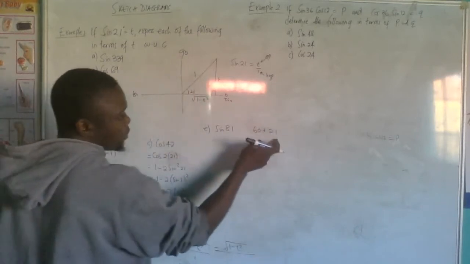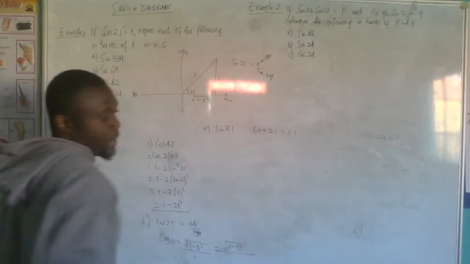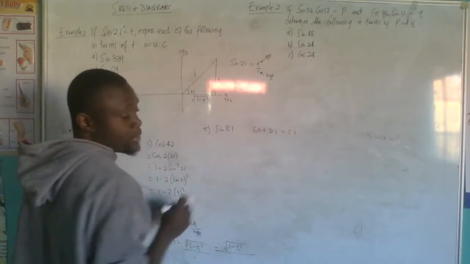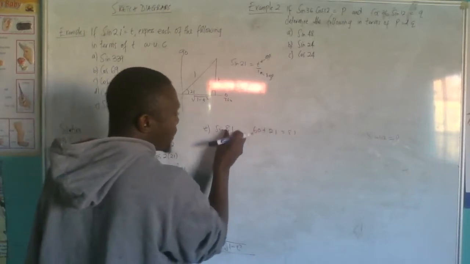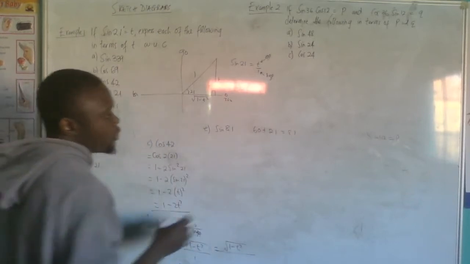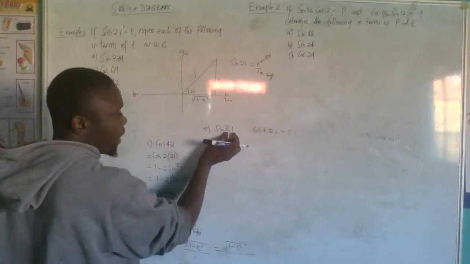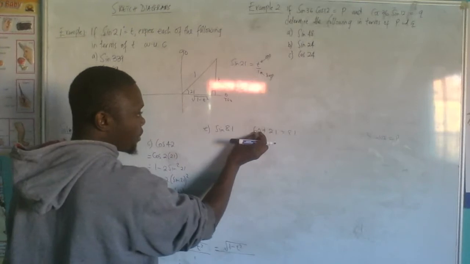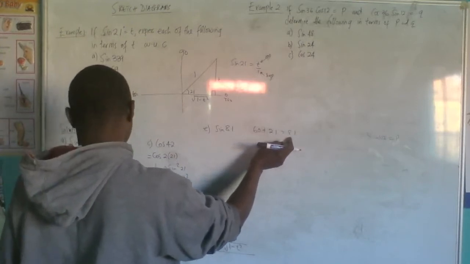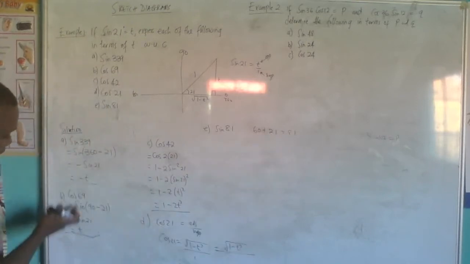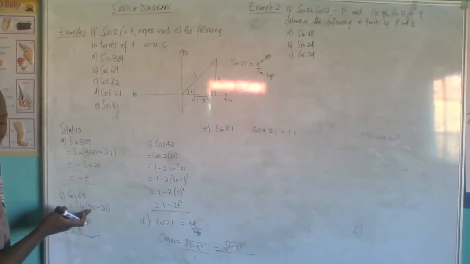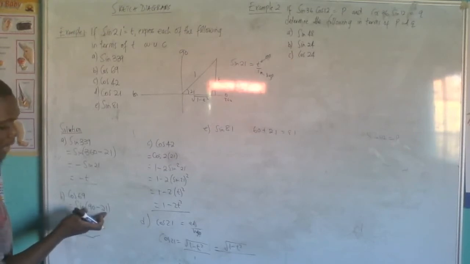So 60 plus 21, you get 81. So 60 is a special angle. Whenever you have these abnormal angles, try them out with a special angle. So you have 81, for example, we try to do the 60 plus 21 and still get to 81. For example, in this case, 69, we used 90. 90 is a special angle, minus 21.